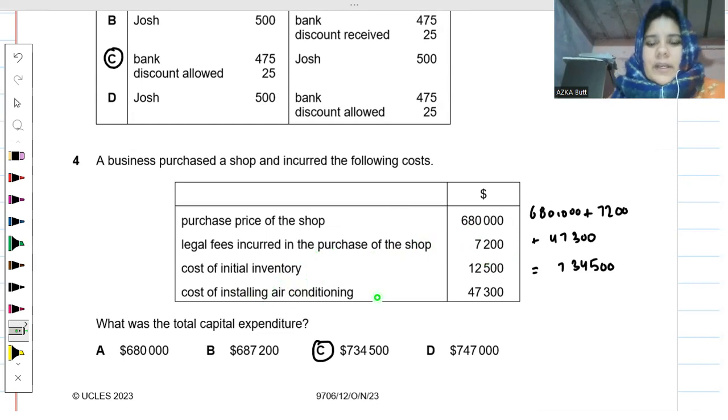Cost of installing air conditioning is 47,300. If you are purchasing a shop, decorating it, or installing air conditioning, it is also part of your capital expenditure. So we just need to add these three things, and we have 7,345,000 as the total capital expenditure.